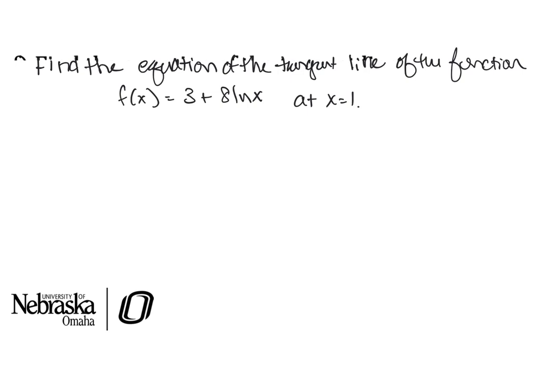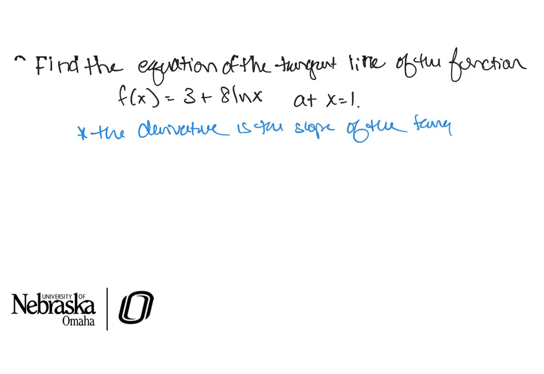Okay, last example. Find the equation of the tangent line of the function f of x equals 3 plus 8 natural log of x at x equals 1. Now, remember our derivative is the slope of the tangent line. A little bit of review, the derivative is the slope of the tangent line.